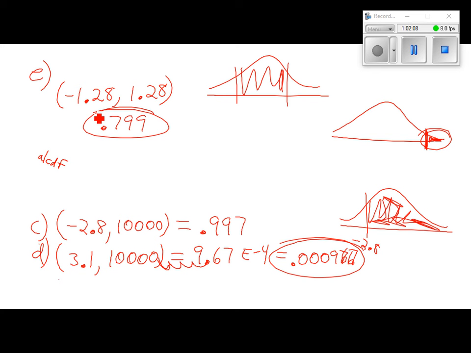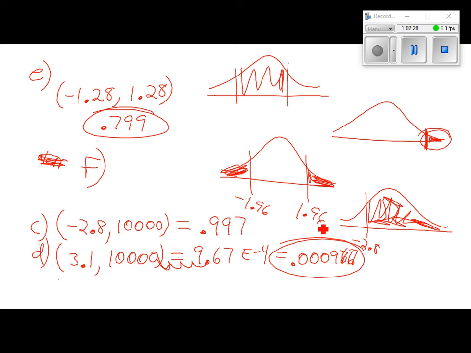Letter F. This time they want the area out this way and the area out that way from negative 1.96 and positive 1.96. How could we find that? You can't punch it in the calculator that way.